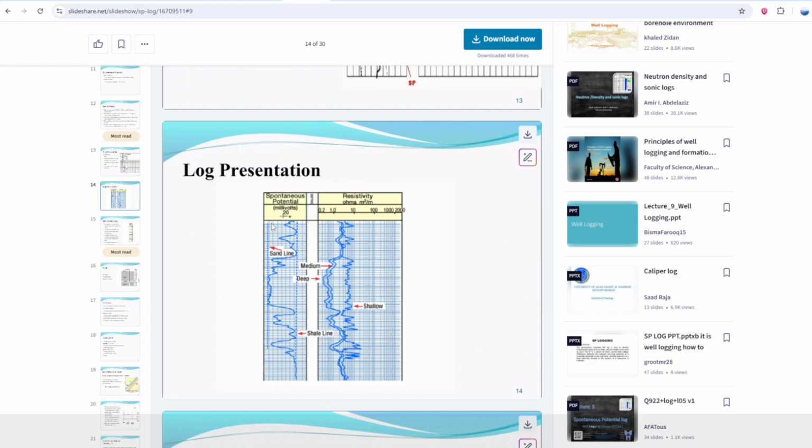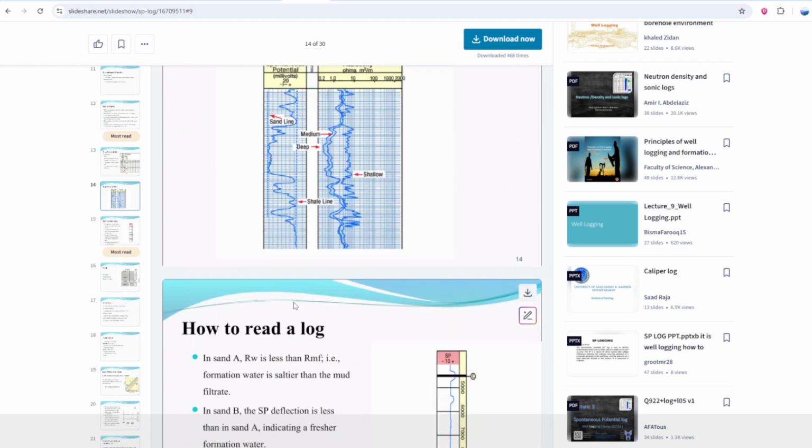And for shale, we have less deflection. So, for example, in this case, we can see our baseline for shale here when there's no deflection, or deflection to the right, depending on how you want to look at it. But our baseline for sand is this line to the left. The difference between those two lines is the static SP, or SSP.